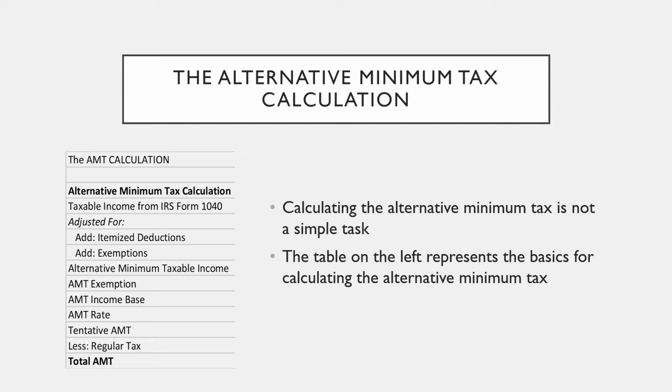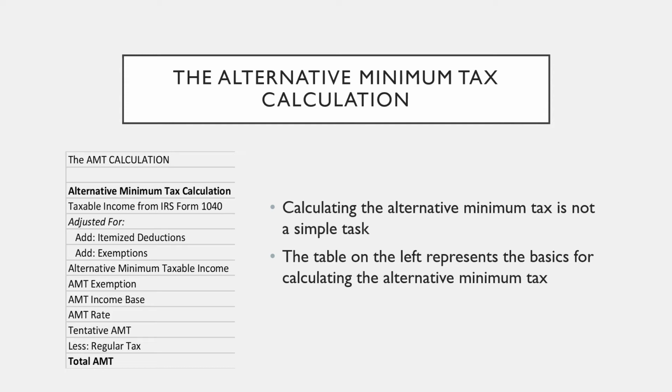After the taxpayer's taxable income has been properly adjusted, the result is the taxpayer's alternative minimum taxable income, or AMTI. Once the AMTI has been calculated, the taxpayer then subtracts the appropriate AMT exemption amount, which is based on their filing status, and the resulting number is the taxpayer's AMT income base.